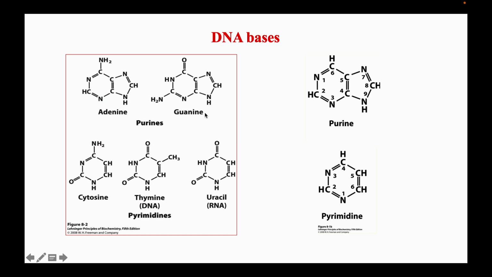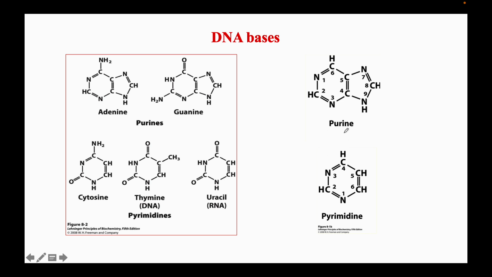Bases are of two types, purines and pyrimidines. You need to remember this. Purine is a 9-membered ring, and this is how the numbering goes. It starts from N1, 1, 2, 3, 4, 5, 6, and then N7, 8, 9.